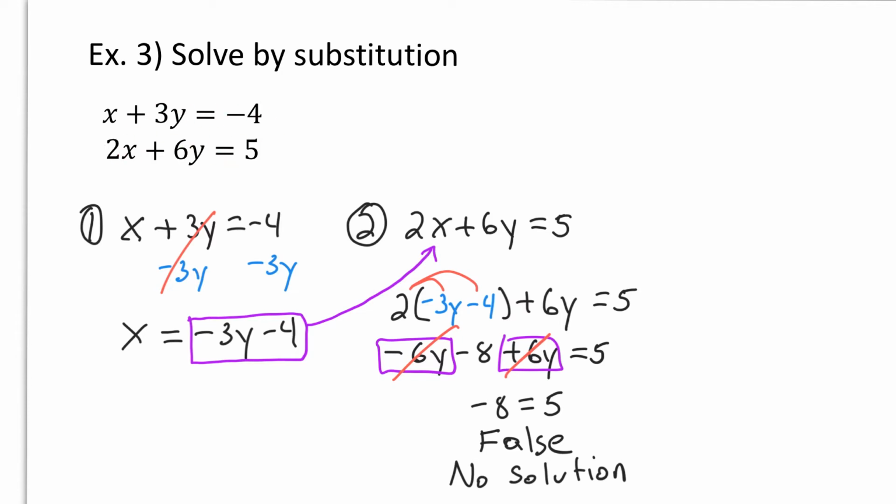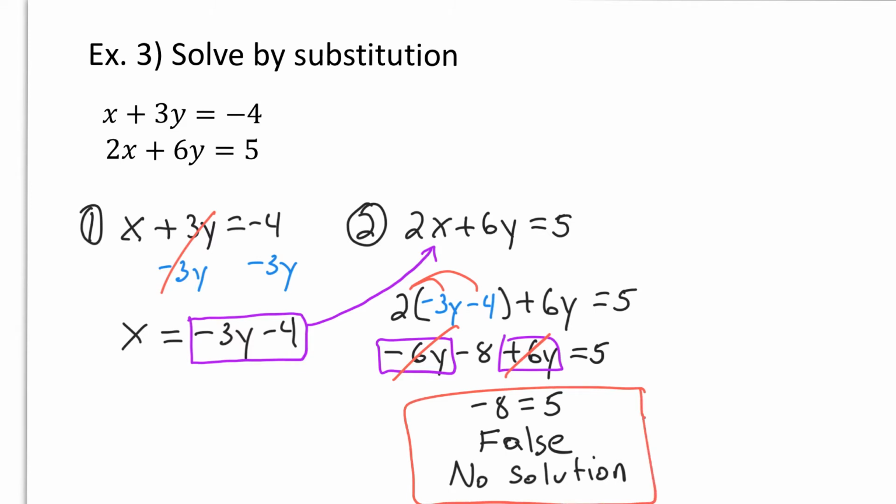When you have parallel lines, there is no solution. We don't have an x and a y that actually works and gives you a true statement for both equations. So my answer is no solution, because the statement is false when the variables cancel.